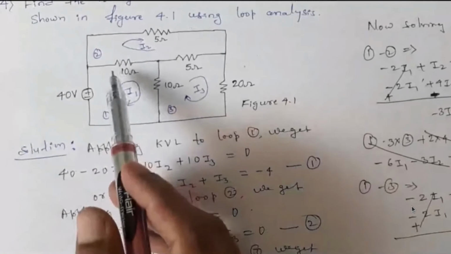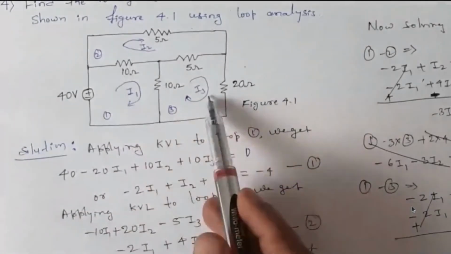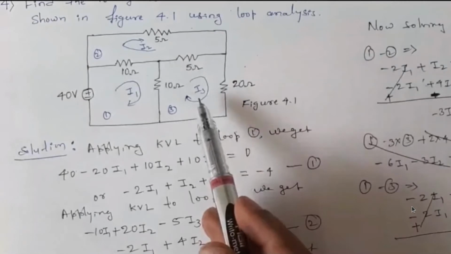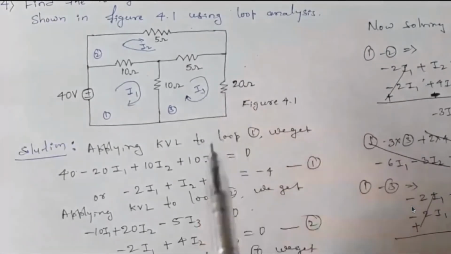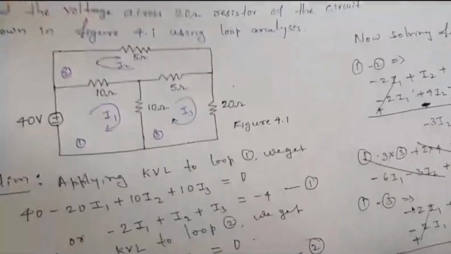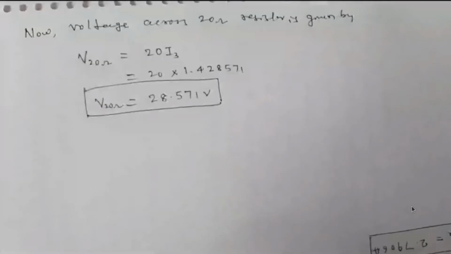Instead, directly find I3, so that your time will reduce. Before you solve, think of the nearest approach, so that you arrive at the solution as soon as possible, without any difficulties. So with this, I'll move on to the next question.